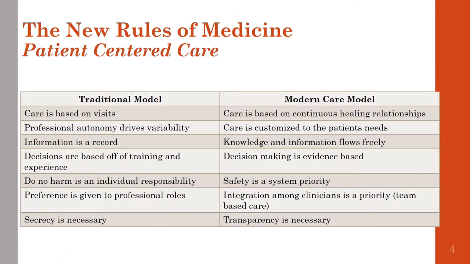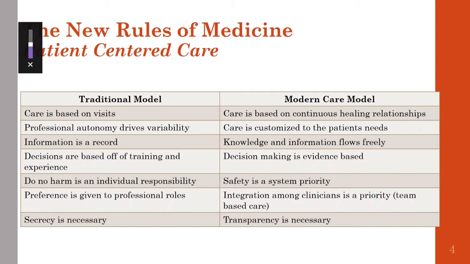So with the expectation of having a patient-centered care model, naturally we have to adopt a new set of rules. And this is a graphic here from the Institute of Medicine. I have hand-selected some of them. There are more rules on their website.